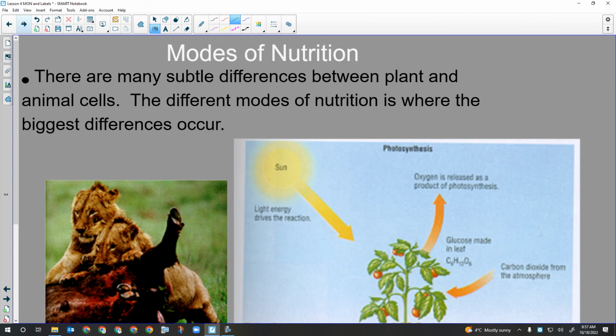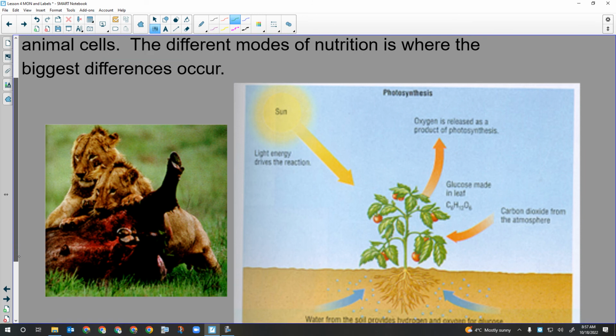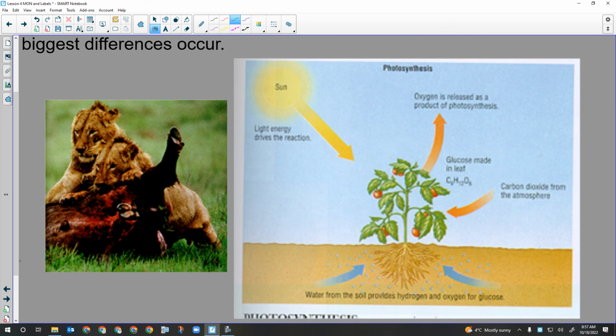All right, so we call that your mode of nutrition. How you get to glucose is your mode of nutrition. So, if you're an animal, you eat. Okay?